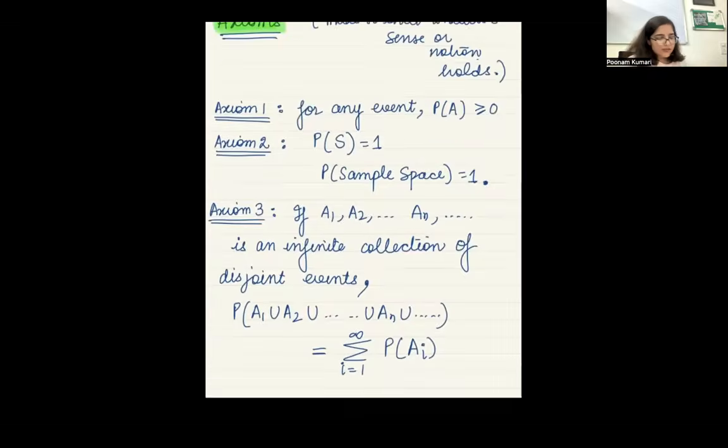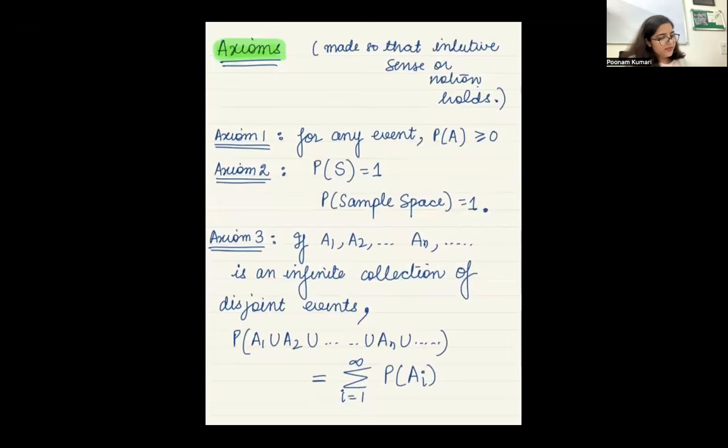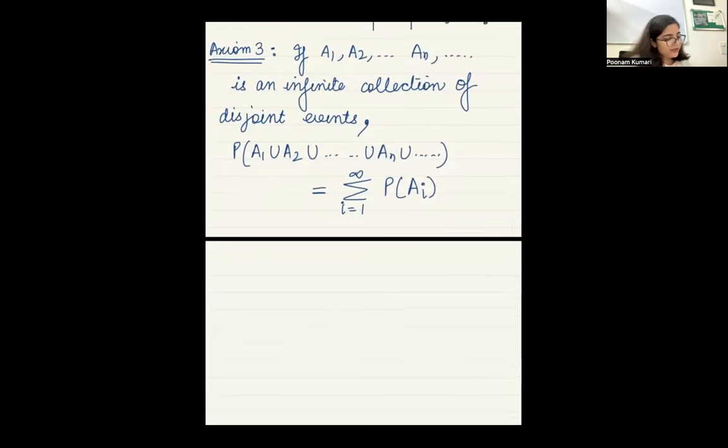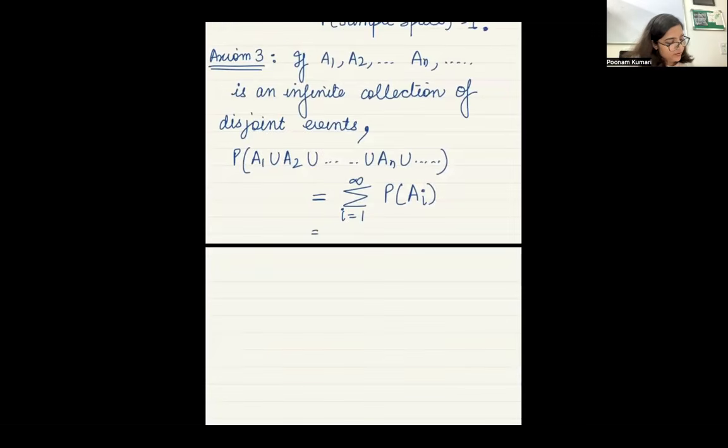What does this mean? The probability of the union of all of this is nothing but probability of A1 plus probability of A2 plus probability of A3, and so on, it can keep going on. Why did I write infinity? Because this I is not ending. This is an infinite collection. Is that okay?